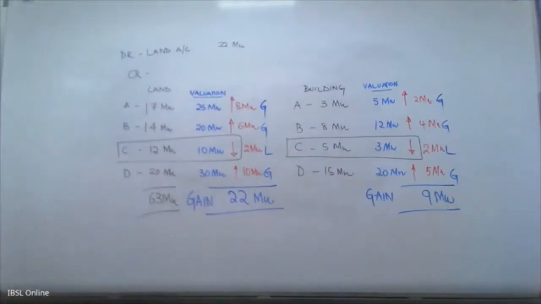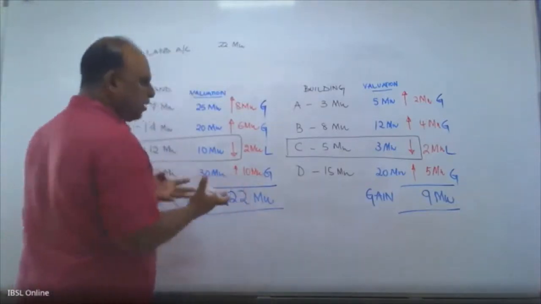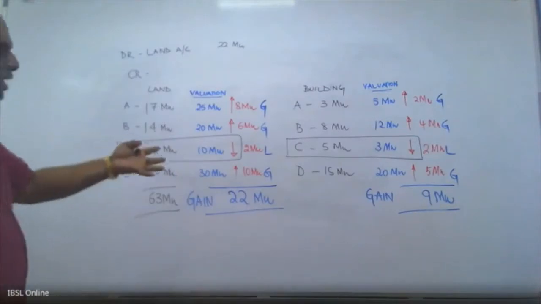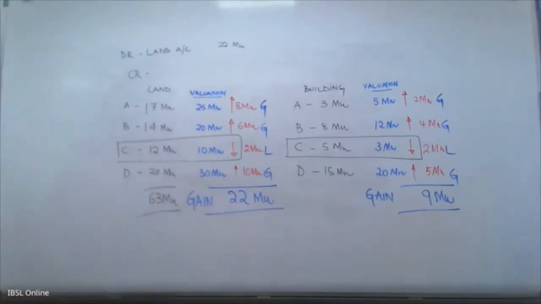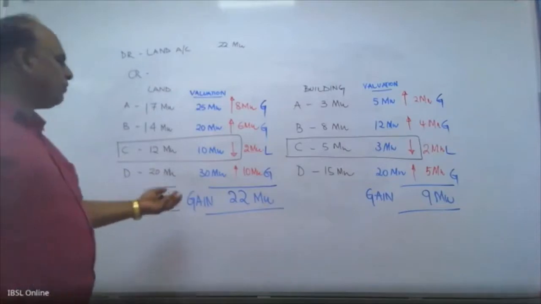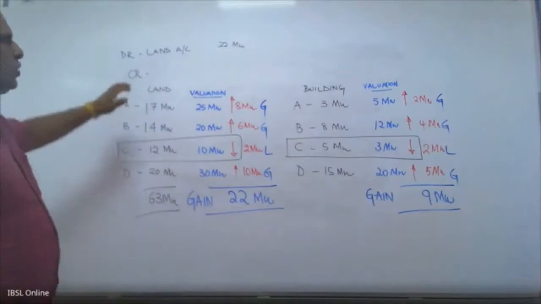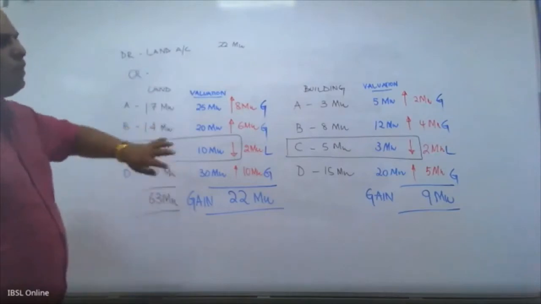Now this 22 million is not something that you have in money or cash. This is just a revaluation gain or loss. So in terms of monetary value, you don't have physical value coming into your books. No cash is coming in. It's only an increase in value of your land. You can realize it only if you sell the land.